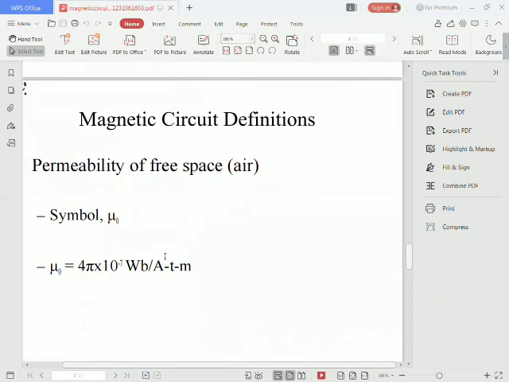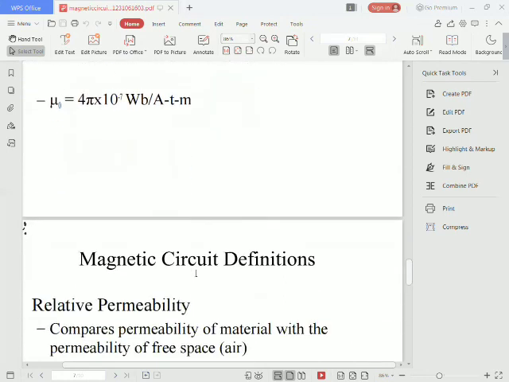Then permeability of free space, that is air, is denoted by the symbol mu0, and mu0 is equal to 4 pi into 10 raised to minus 7 Weber per ampere turn meter.